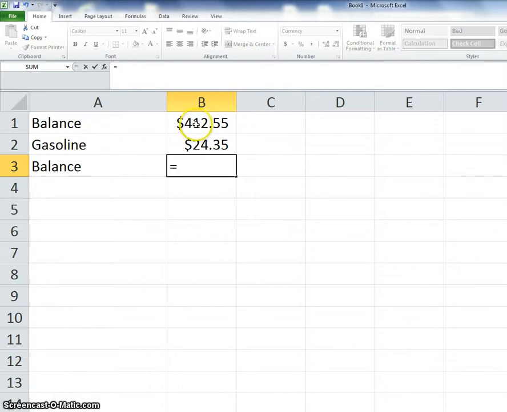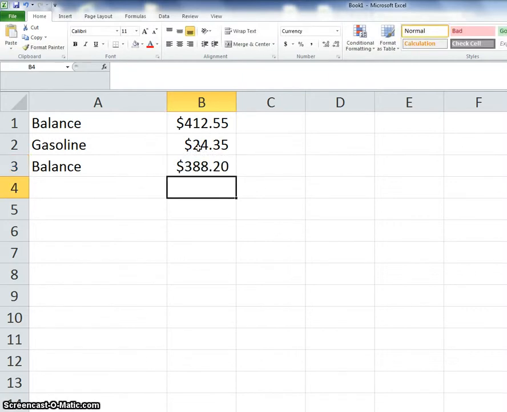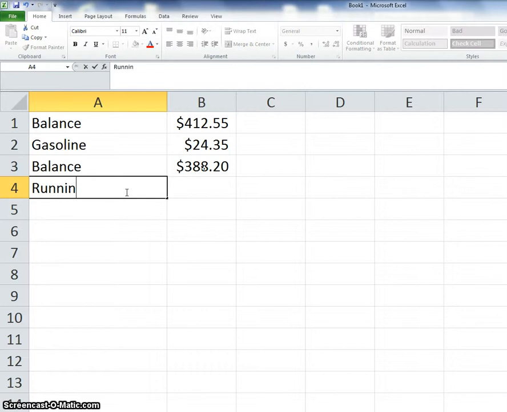So we're going to take my starting balance, and since I spent money, this will be subtract, so minus how much did I spend. That's in B2, and then hit enter, and I know that I now have $388.20.